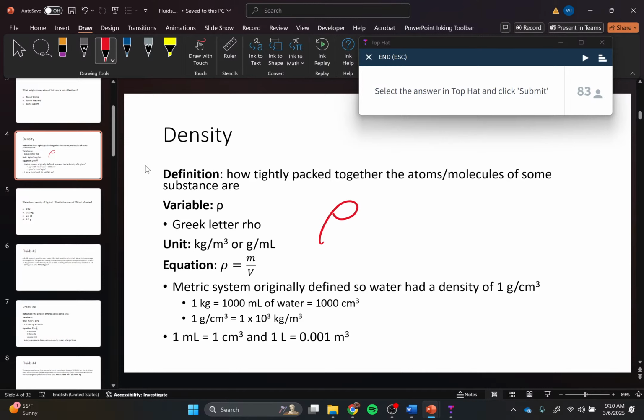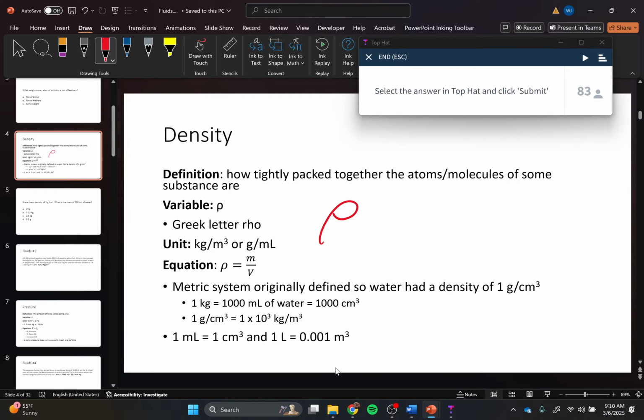Okay. Density. Now, there is something very important down here that's going to be a common trend in this PowerPoint, and it's kind of annoying. A lot of the variables we're going to work with have different units that represent the same thing. Like density can be measured in grams per centimeter cubed, or kilograms per meter cubed, or grams per milliliter.